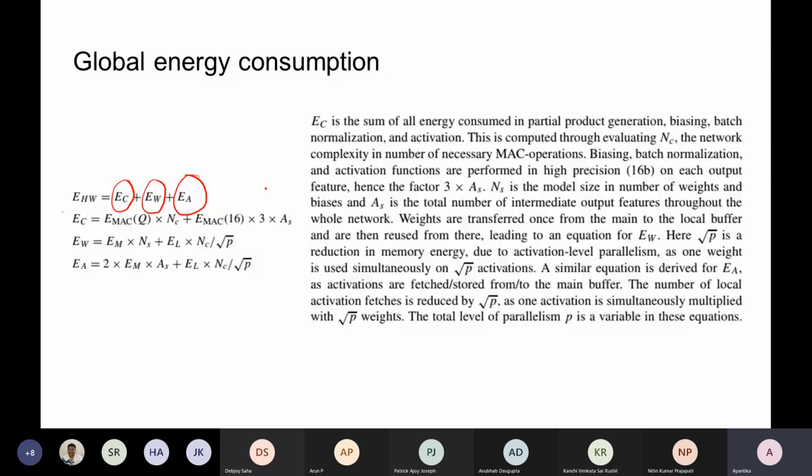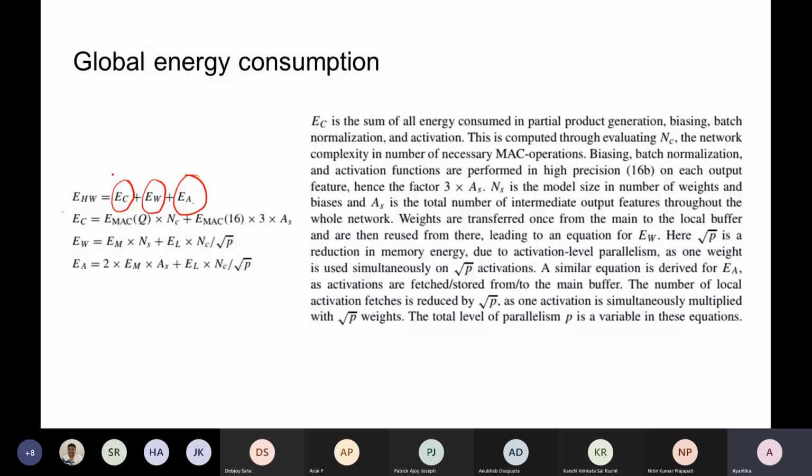So overall energy consumption in our hardware comes from our computation, from our weight access, and from our activation input and output storing and accessing. Now come to each of them in detail.